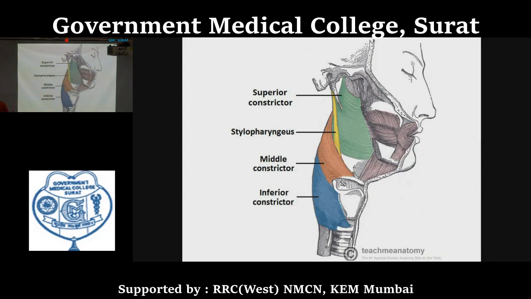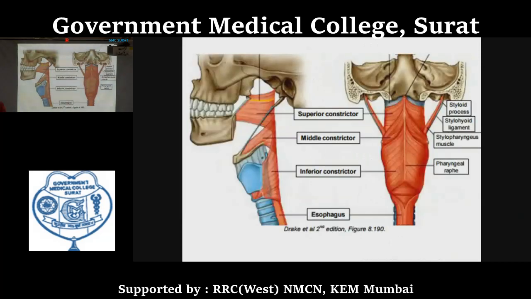Now, next one is the middle constrictor. This orange colored structure is the middle constrictor muscle. Here you can see one more lateral view. This is the inferior constrictor muscle, with the thyropharyngeal part and the cricopharyngeal part.